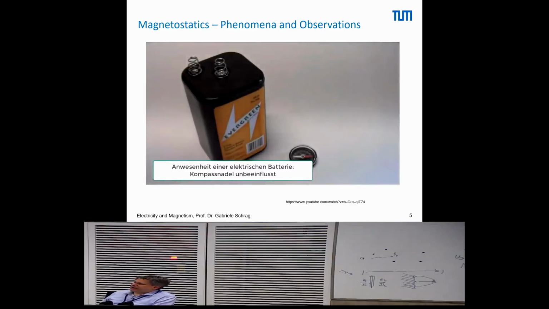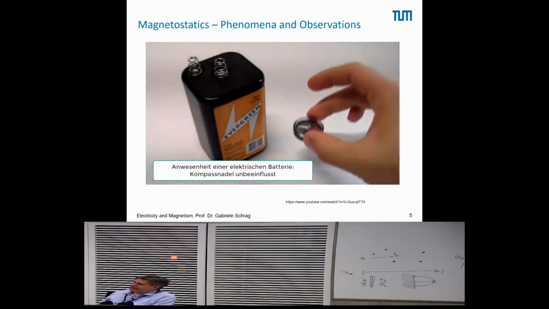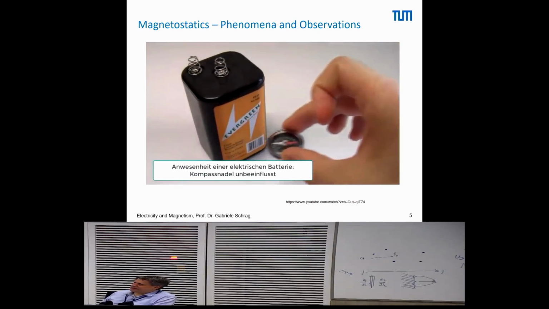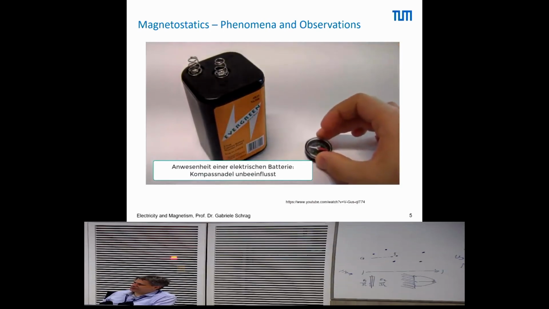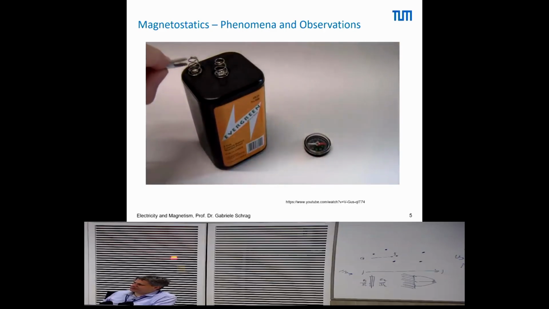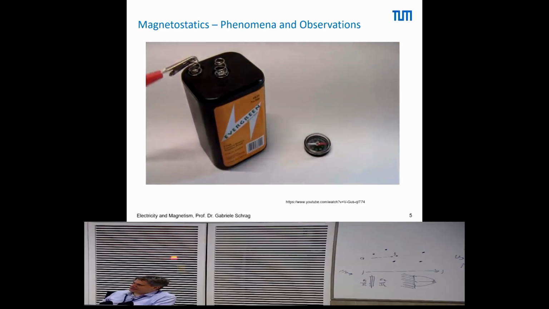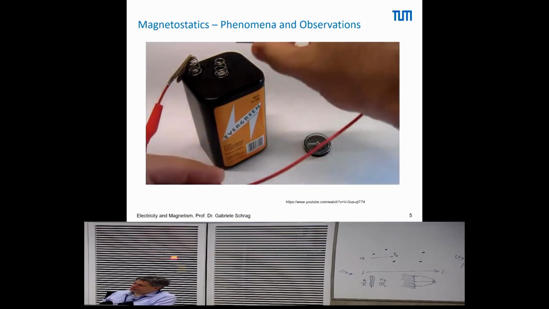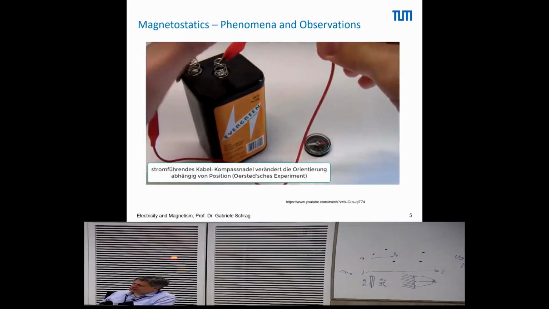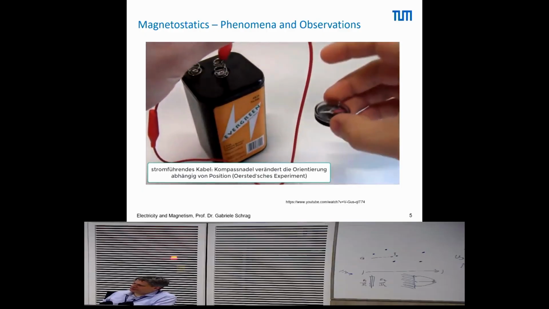You have here a battery, and you see that the battery as such does not have any magnetic properties. You can move the compass around and the needle will not be affected. It stays put where the Earth's magnetic field is. But now you connect this wire to the two poles of the battery. So basically you short circuit this battery, but through this wire you have a current flowing.